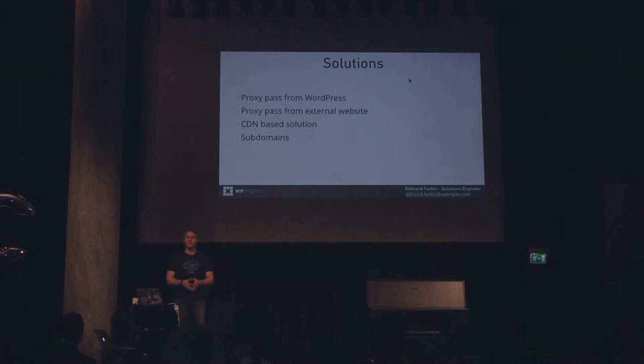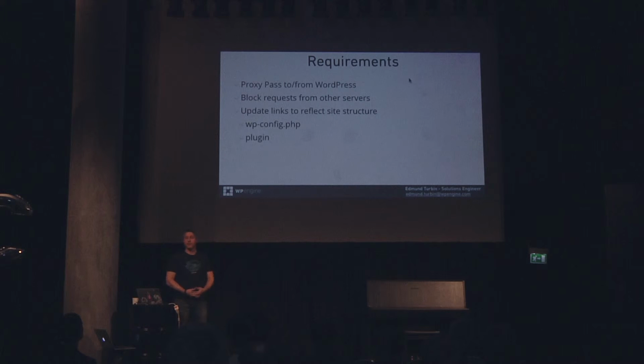It makes sense in some situations where, let's say, your WordPress has a lot of infrastructure behind it, and your application or secondary site doesn't have the same load balancing or firewall in front of it. You can also use CDN, which is one of my favorite solutions, and you can also use subdomains if subdomains are okay. Sometimes that's not really a viable part of the solution.